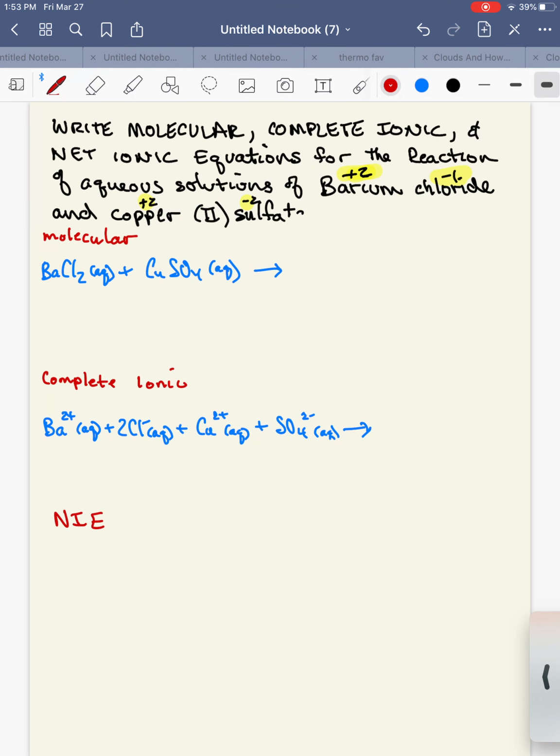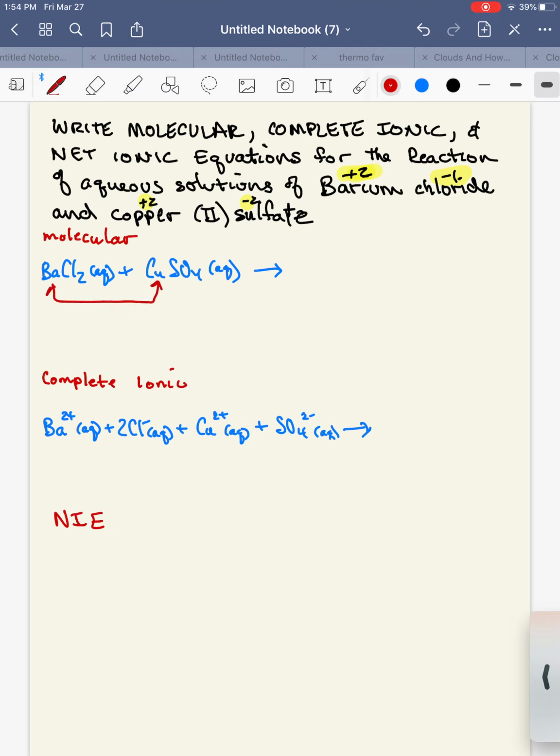So here's another one we can look at. We're going to write the molecular, complete ionic and net ionic equations for the reaction of solutions of barium chloride and copper-2 sulfate. Oops. That erased. So the barium chloride and the copper-2 sulfate, this is a double replacement reaction.